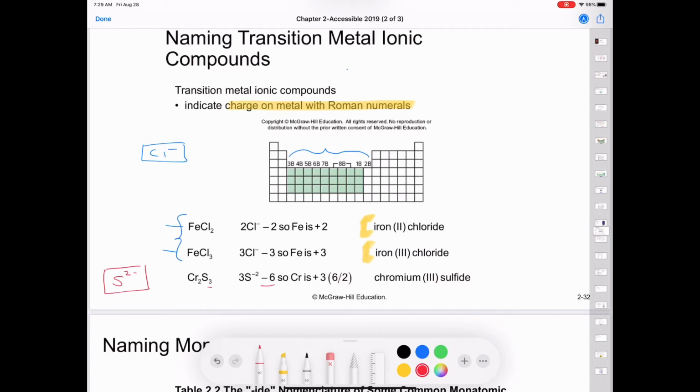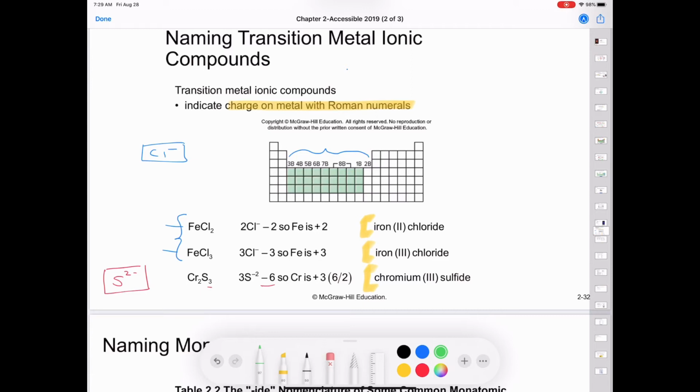Now I need an overall charge of +6 here to balance out my -6 from my sulfide. But if I take +6 and I divide it by 2, that means each chromium is going to have a charge of +3. And so the charge on my chromium is 3, and therefore the name of the compound would be chromium 3 sulfide.